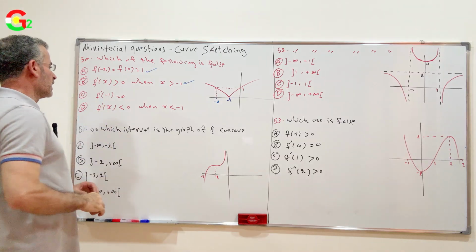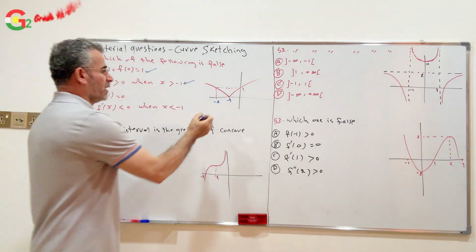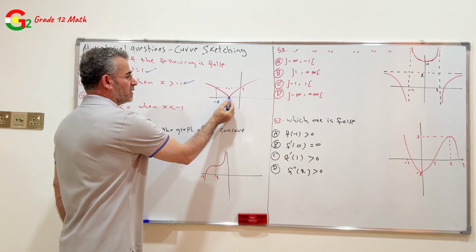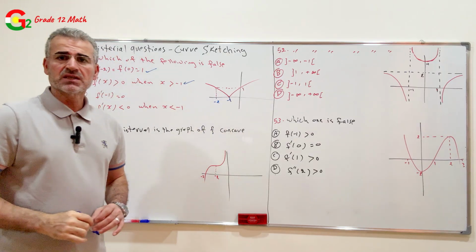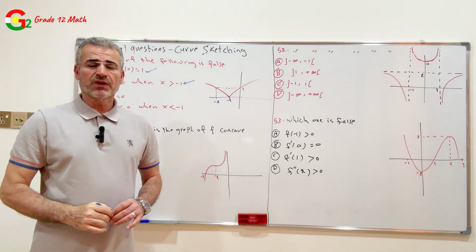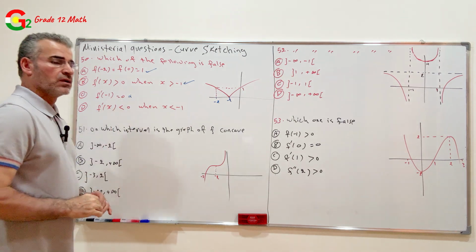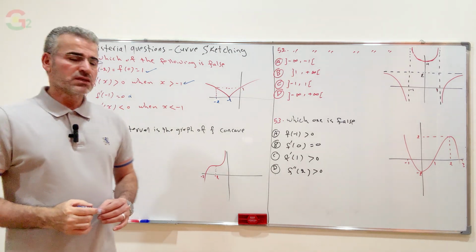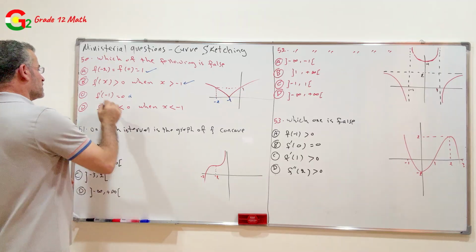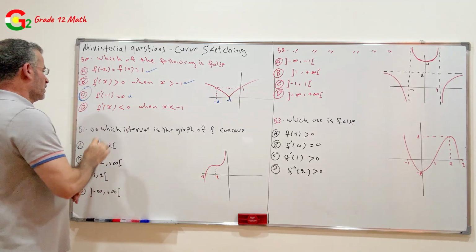F prime of negative 1 equals 0. F prime of negative 1 is undefined since the graph has a sharp vertex at negative 1. So this choice is wrong, is false. It is the right choice.